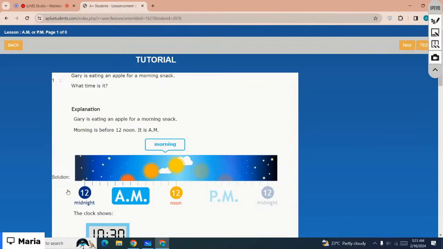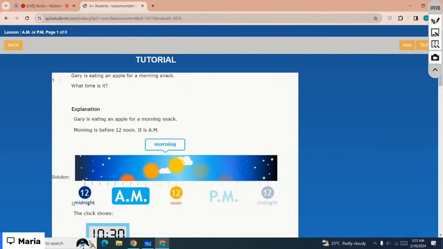Okay, Gary is eating an apple for a morning snack. What time is it? Before 12. Just look at this line, you can understand very easily. Here is 12, right? Noon, the daytime. From 12 noon to midnight 12, that is PM.